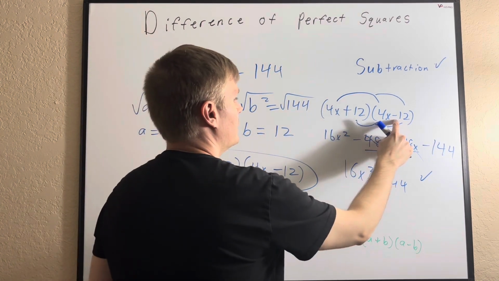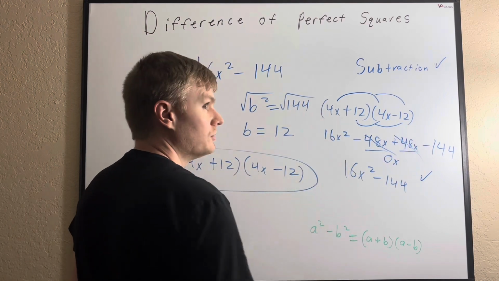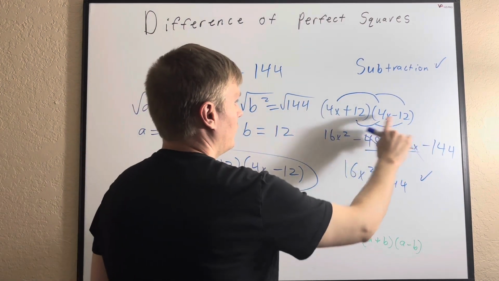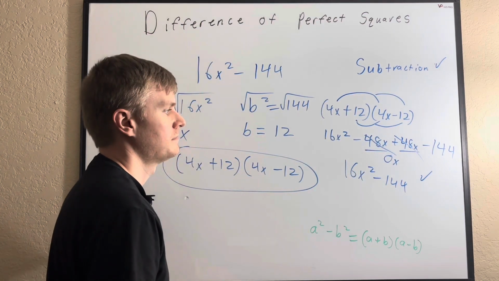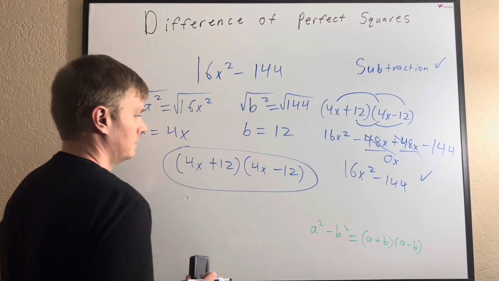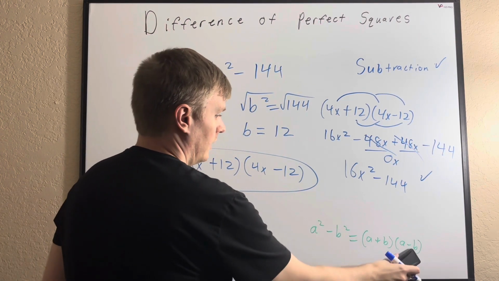Because that sign changed, those terms in the middle, when we use the distributive property, will get canceled out every time, so long as all the other conditions are met. That's why the answer is just a plus b times its conjugate.